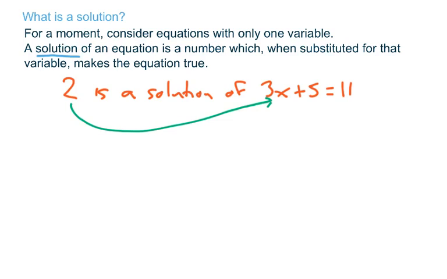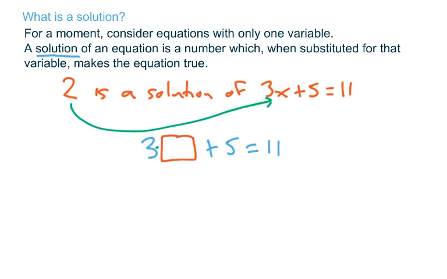Let's do that. So let's look at my equation here. And for the time being, maybe just this one time, I want to think of the variable as being a box. And again, much like we've seen before, if there's no operation written, we have an assumed multiplication. 3 times the box plus the 5 equals 11.